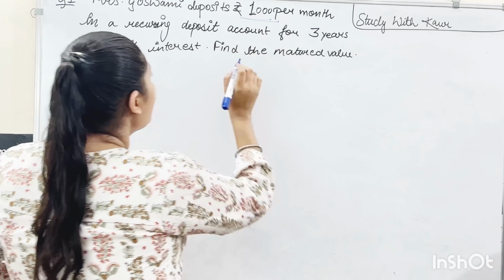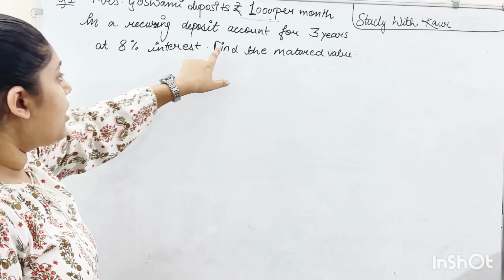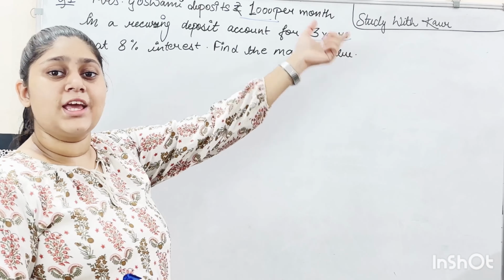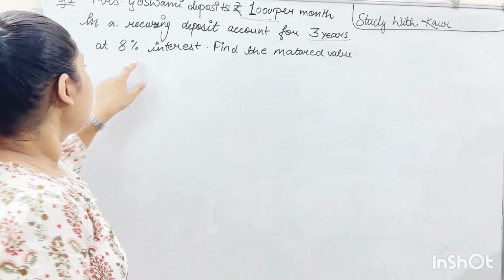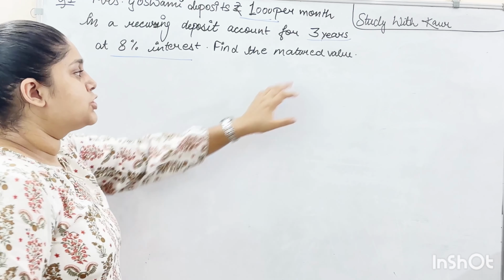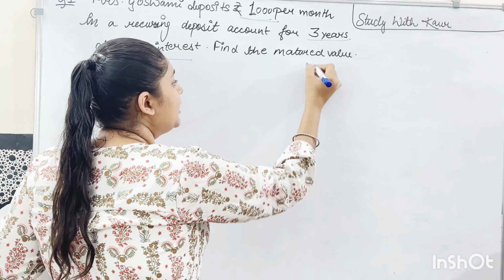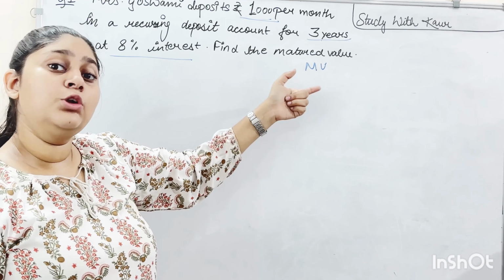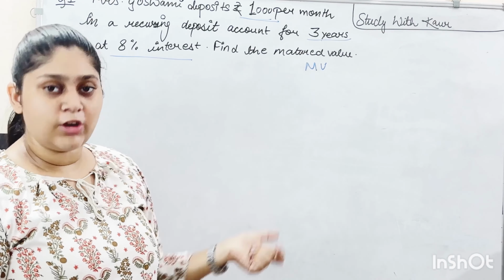Per month in a recurring deposit account for 3 years, you have to convert this into months, at 8% interest. Find the maturity value, that is MV. For finding the MV, you need to know the interest.